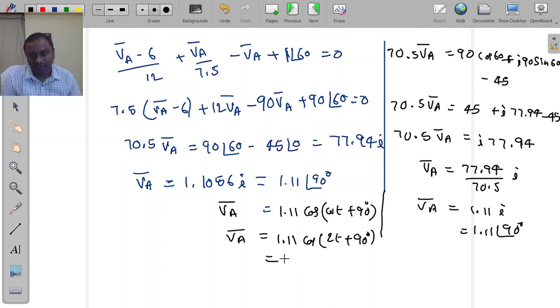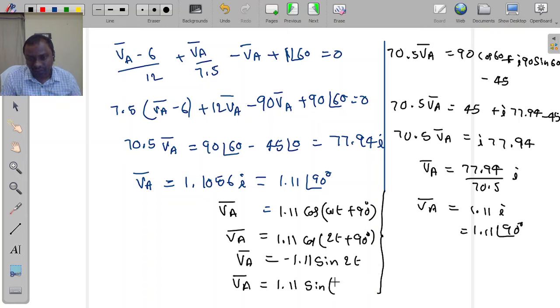This is r cos 90 plus theta, minus sin theta, minus 1.11 sin 2t. The same thing we can write as 1.11 sin 180 plus 2t. Third quadrant sign negative.